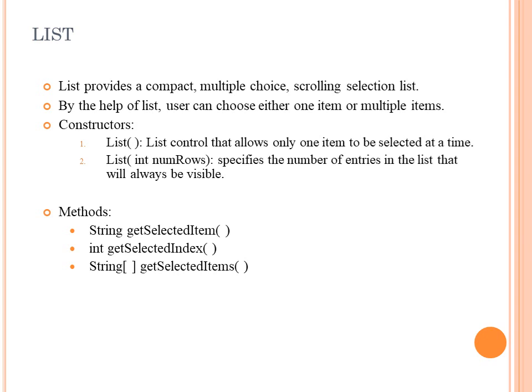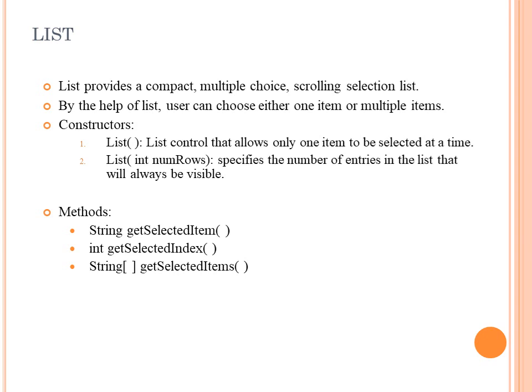The difference between the first and the third method is that in your first method you can only get one selected item, whereas in your third method you can get multiple choices. If you are going to select multiple options, then you will need an array to fetch the data. So here we are writing string array getSelectedItems.